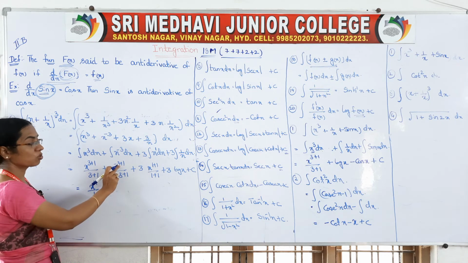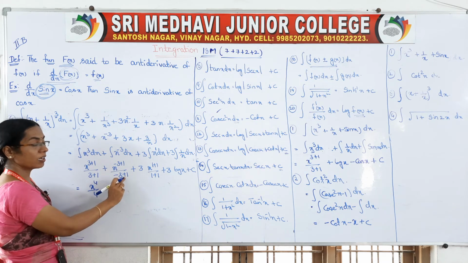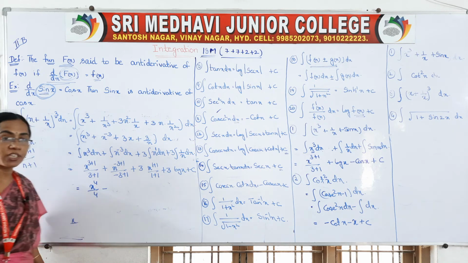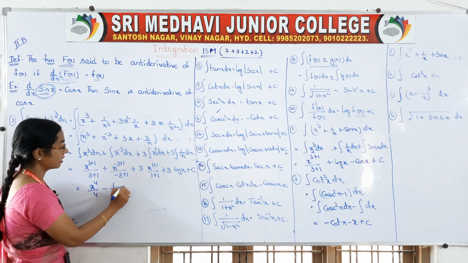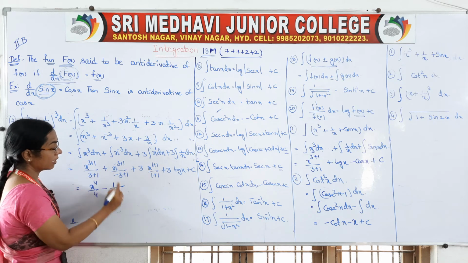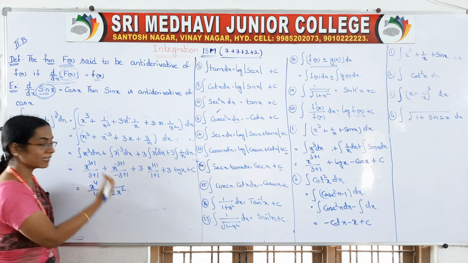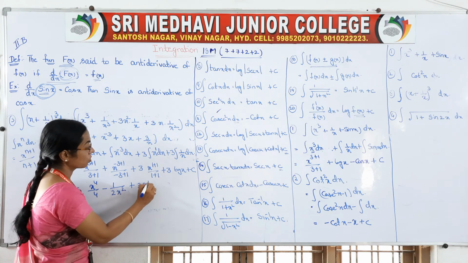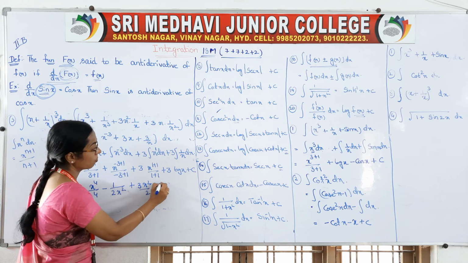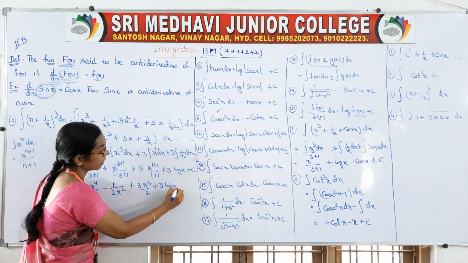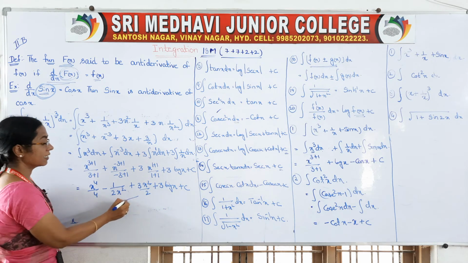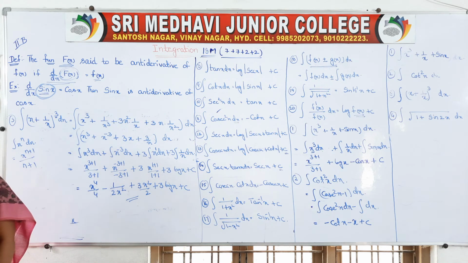Here it is x to the power of minus 2, here minus 2. So minus we can write, and we can write this as 2, and x to the power of minus 2 means it comes downwards, right? Plus 3x square by 2 plus 3 log x plus c. Okay, so this is the answer for your problem.